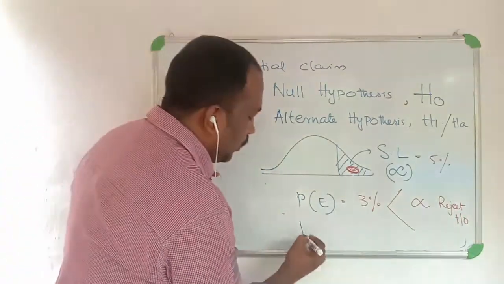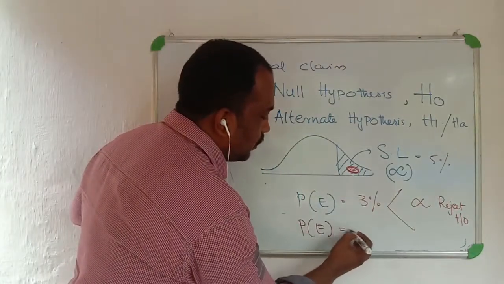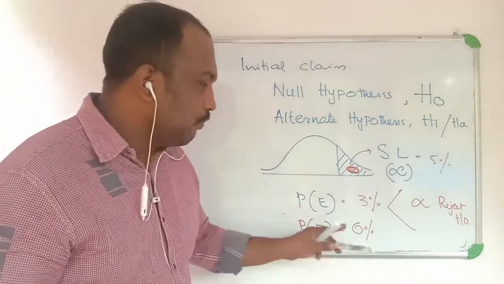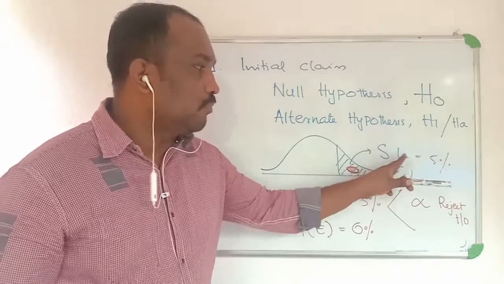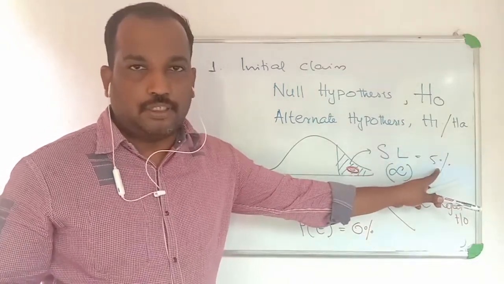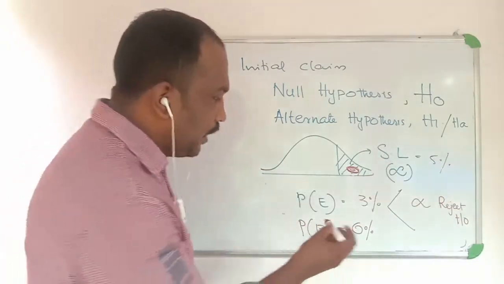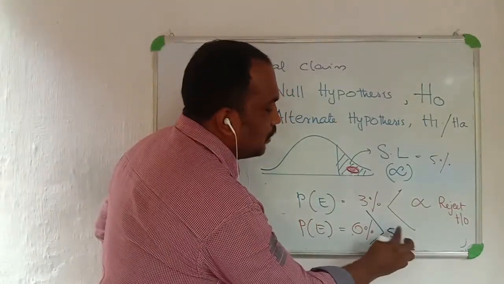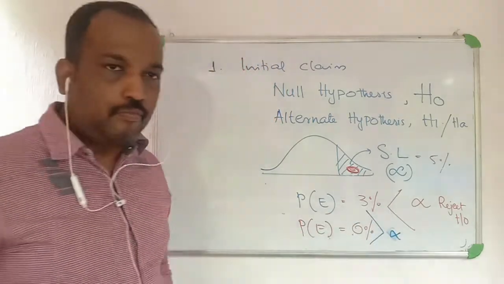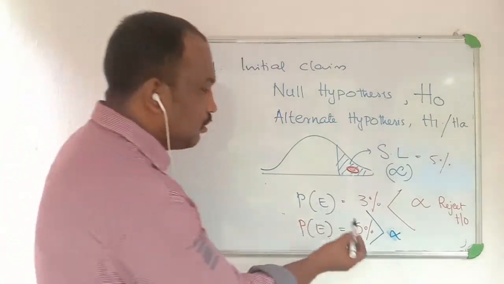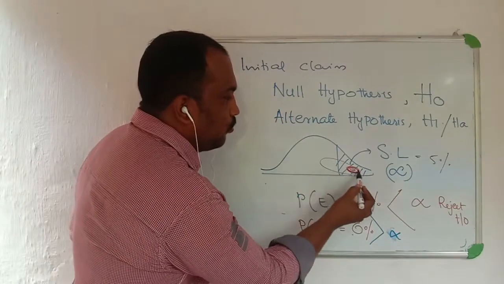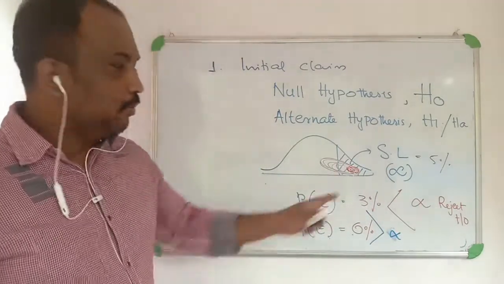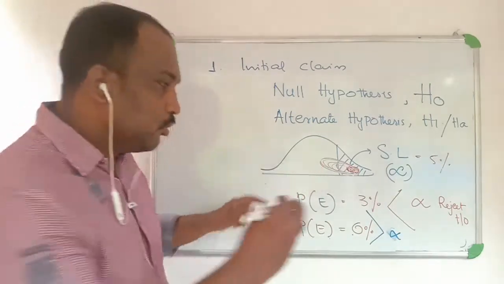In another situation, suppose the probability of an event is 6%, but your level of significance is just 5%. Here you find the probability is higher than the significance level. That means your probability value goes beyond the significance level, so it comes in the accepting region also. So what will you do?